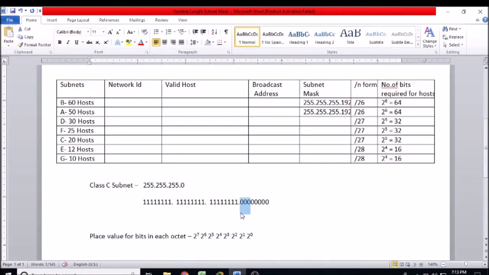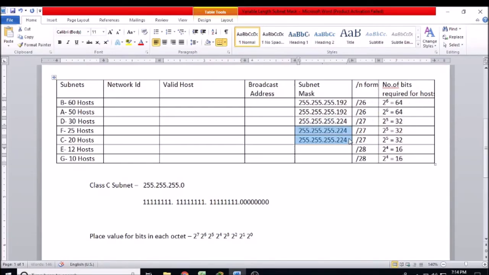So it is 2 power 7, 2 power 6, 2 power 5. 2 power 7 is 128 plus 64 is 192 plus 32, as 2 power 5 is 32. It is going to be 224. So your subnet mask will be 224. This is going to remain the same for the next two because it is /27, right?